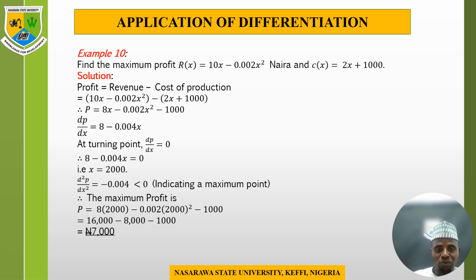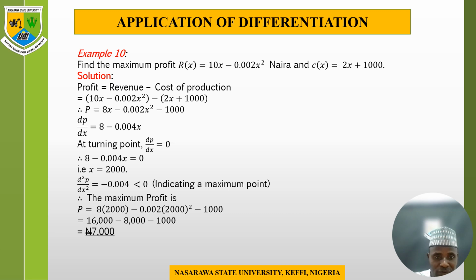Then for us to know whether it is a maximum or a minimum, you differentiate for the second time to determine whether the result is negative or positive. We differentiate the first derivative again to have the second derivative, giving us minus 0.004, which is less than 0, indicating a maximum point. That is, if the value is negative, then it is a maximum point.